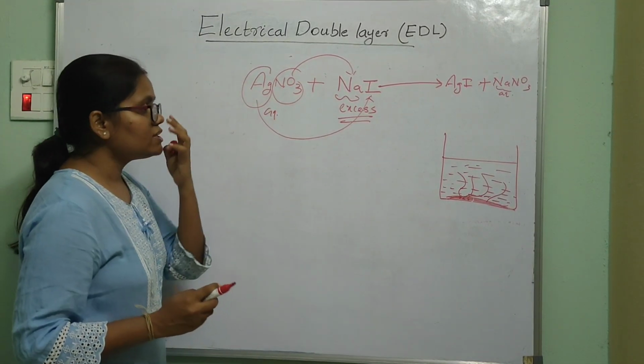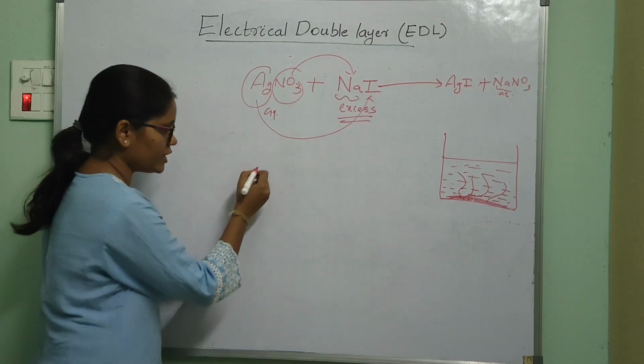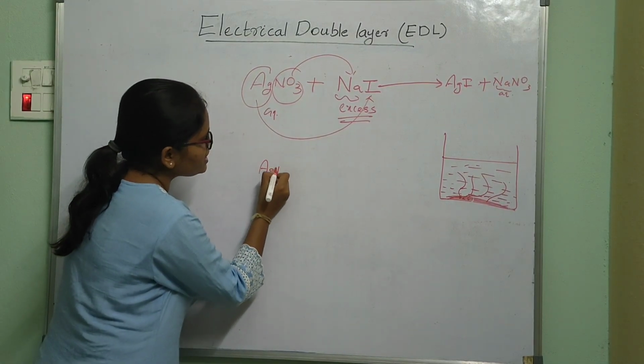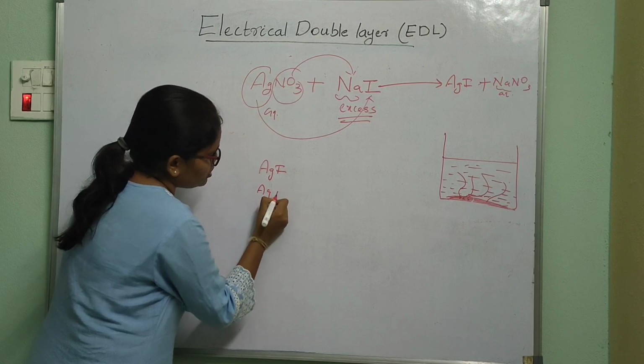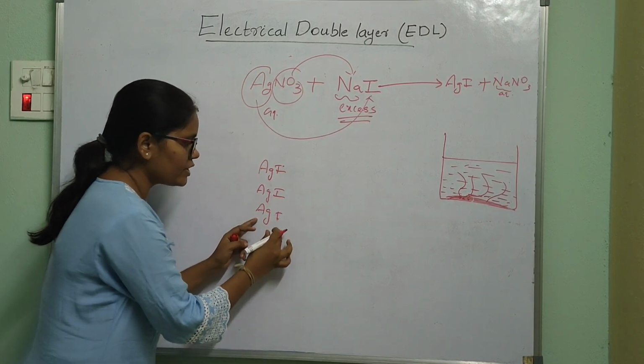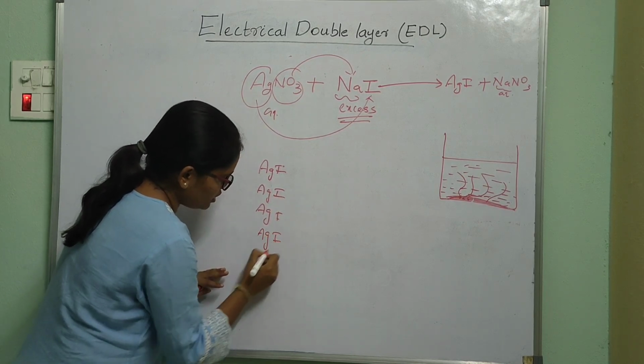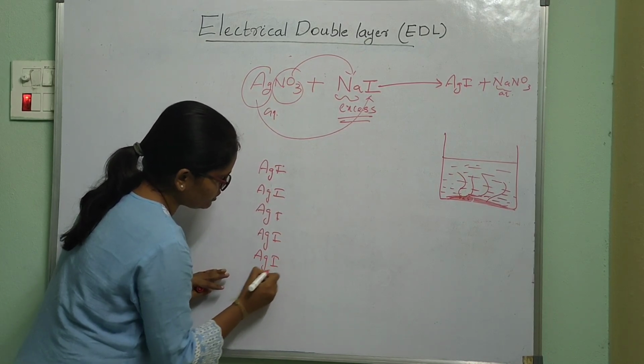Now let us consider one colloidal particle of silver iodide. These are not different silver iodide colloidal particles. This is one particle in which many silver iodide molecules are present.